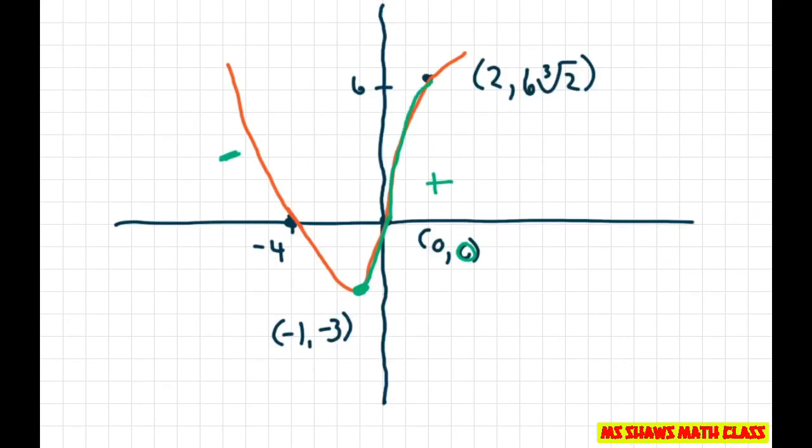And for this one, it was concave down to concave up. I'm exaggerating it a little bit so you can kind of see what's going on. So our inflection points are here and here. And you had a local minimum at negative 1, negative 3. So that was negative 3 there. And that's it.